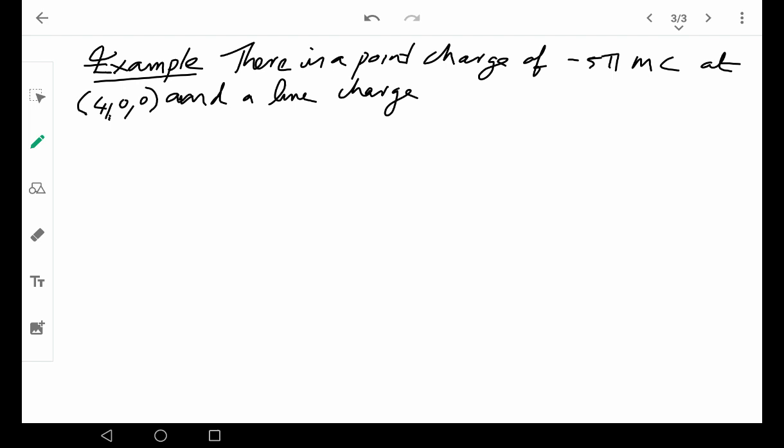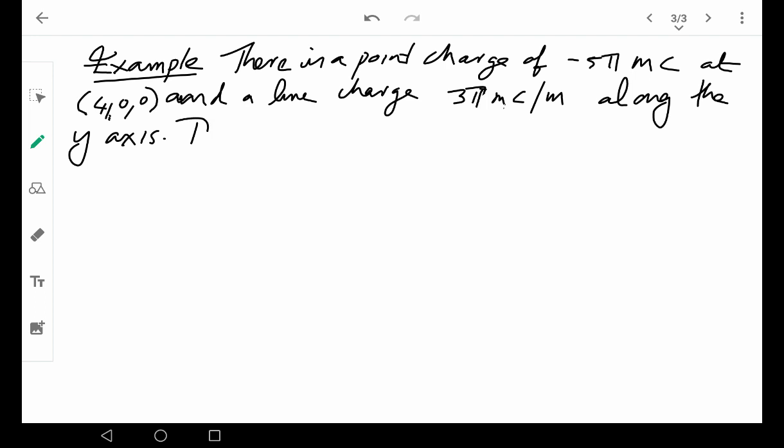And a line charge of 3 pi millicoulombs per meter along the y-axis. Determine D at 0, 4, 3.